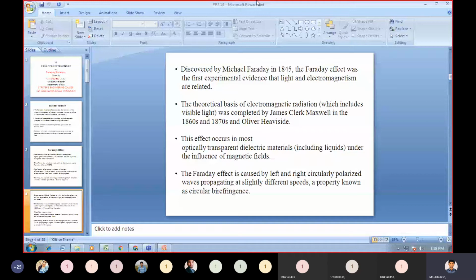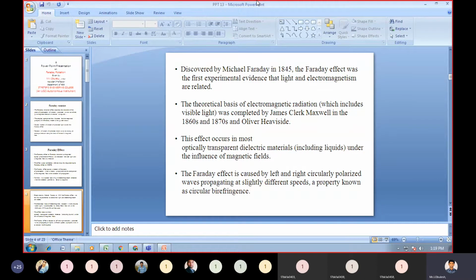So when was this discovered? It was discovered by Michael Faraday in 1845. The Faraday effect was the first experimental evidence that light and electromagnetism are related.